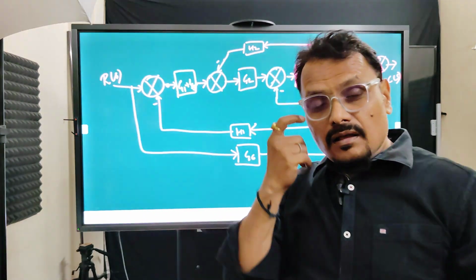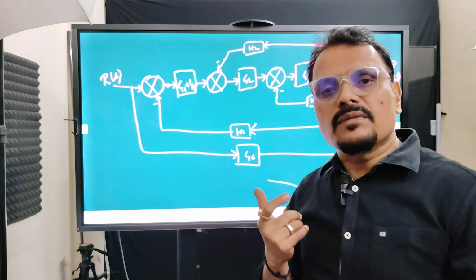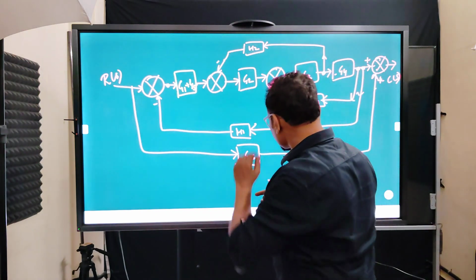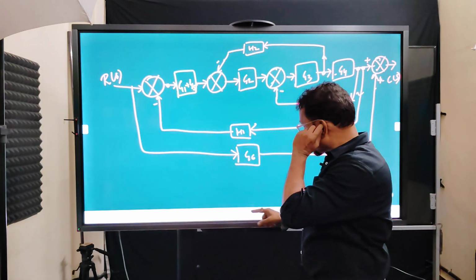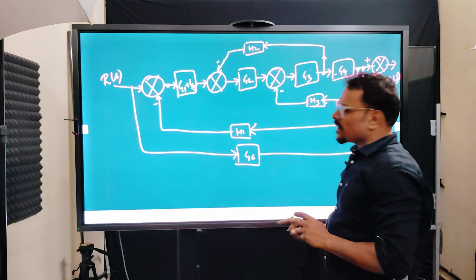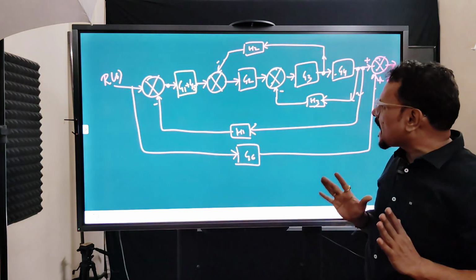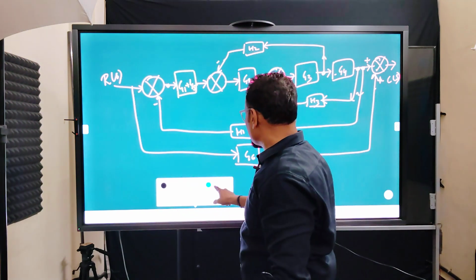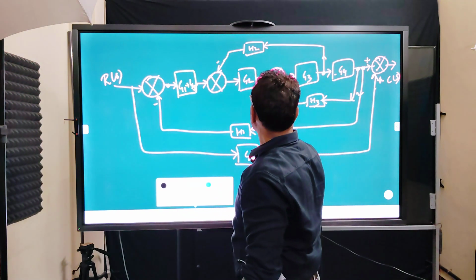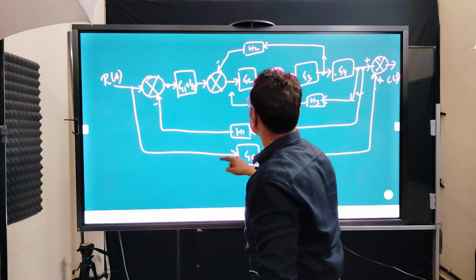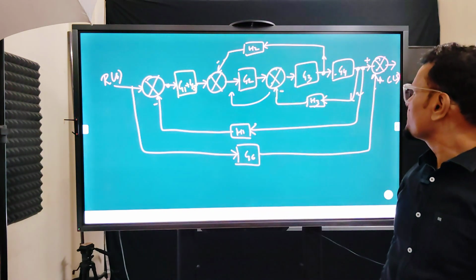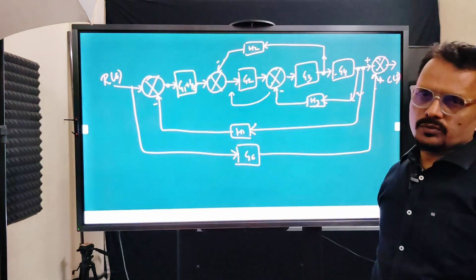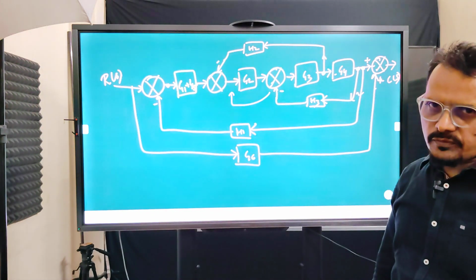There are multiple ways to solve the problem, and that is what makes the difference, but the answer should be the same. In my opinion, what I prefer is to shift this point this way. My aim is to shift a summing point before G2.